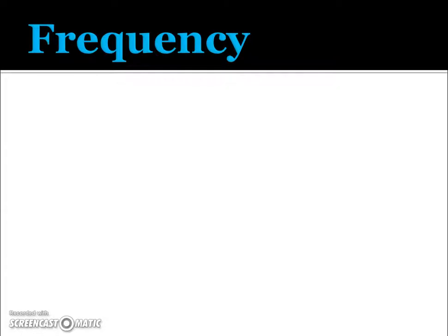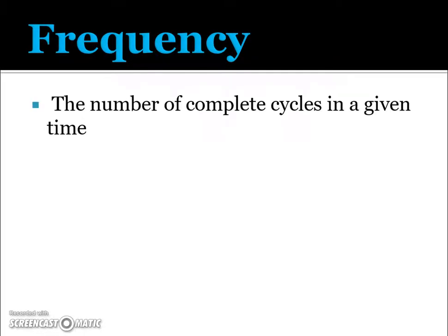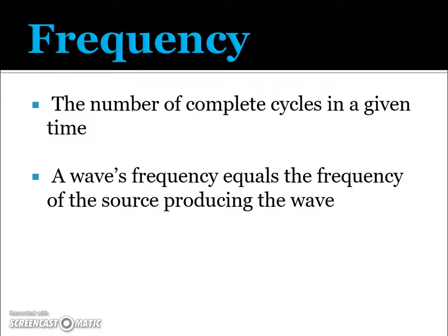We also have what's known as the frequency. It's the number of complete cycles in a given time frame. So if you can make one complete cycle every second, that would be 60 cycles per minute, because there's 60 seconds in 1 minute. The frequency of an object depends on the source that's producing the frequency.